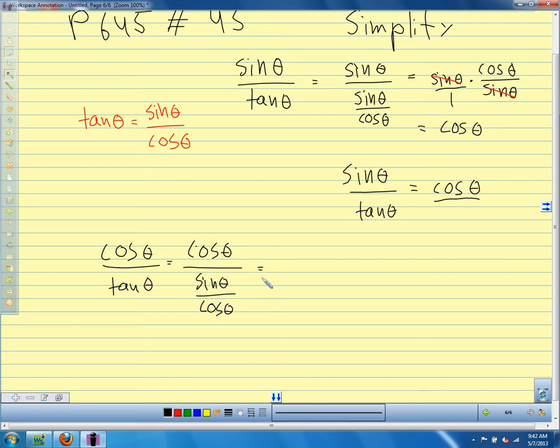I multiply by the reciprocal, so I get cosine theta times cosine theta over sine theta. And this comes out to cosine squared theta over sine theta. So this one doesn't simplify as nicely as this one does. So it's not as simple as just writing the missing part. There's more work to it than that.